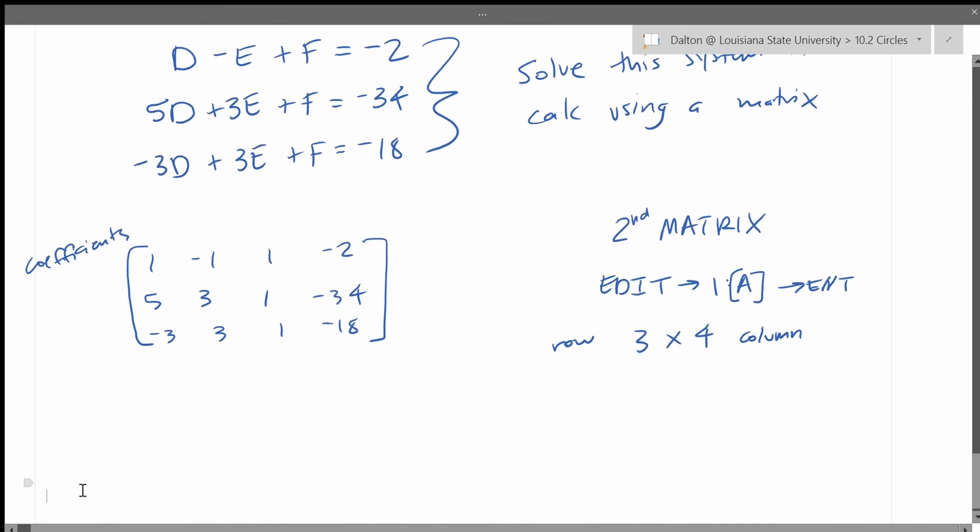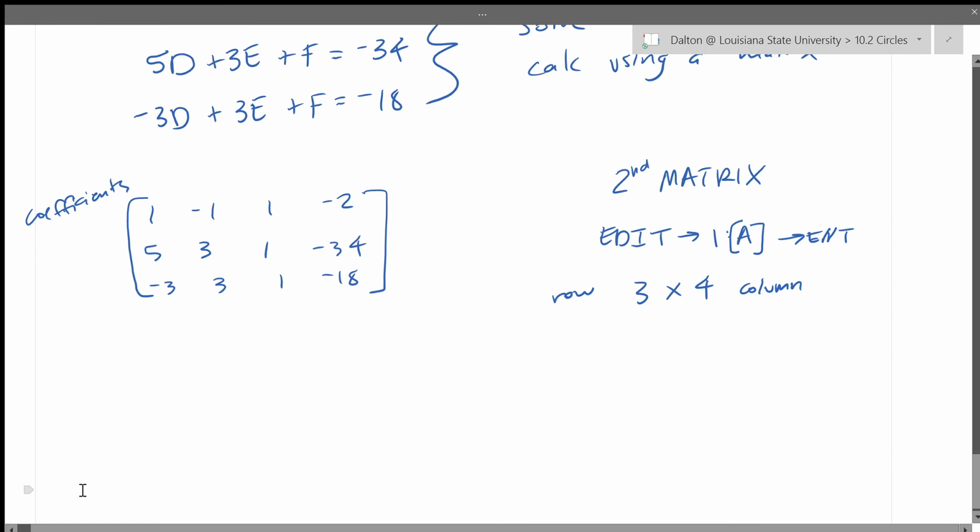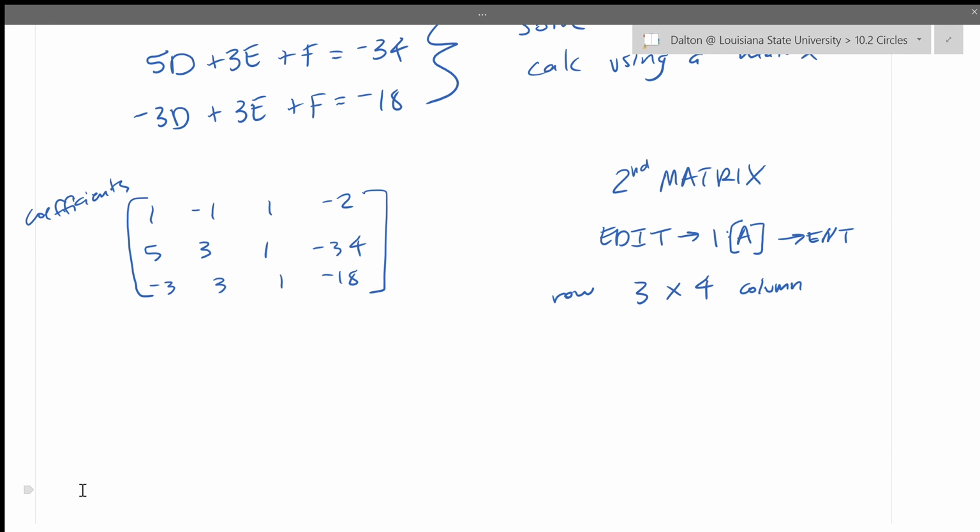So I'll give you a second. Go ahead and enter that into your calculator. 3 by 4, enter in the coefficients. And then after you enter in these values, you want to go back to your home screen.